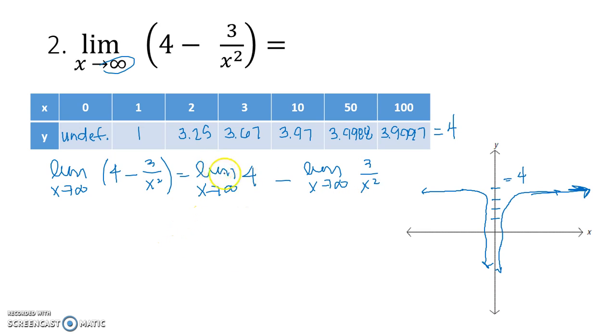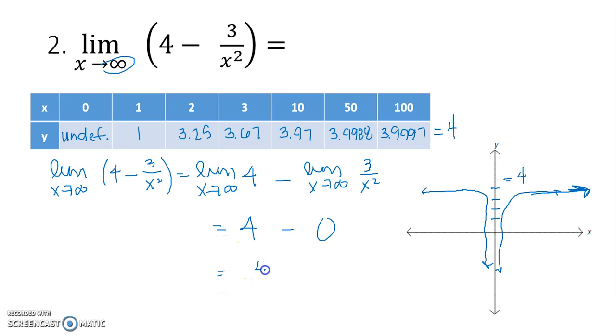I know that the limit of a number, no matter what x is approaching, is always going to be that number. So that's 4 minus. And we already said that 1 over x would be 0 if I'm going to infinity. The same is true for 3 over, 5 over, 100 over, because I'm dividing that top number by infinitely larger numbers. So I should be getting closer and closer to 0. So this limit is 0.